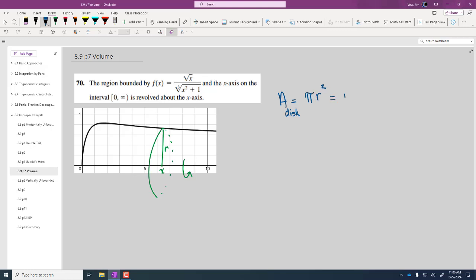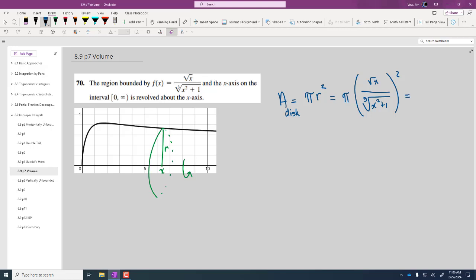And we just said that the radius is given by the function, so we want to square that whole thing, x squared plus 1, all that squared. So there is the area of our disk.